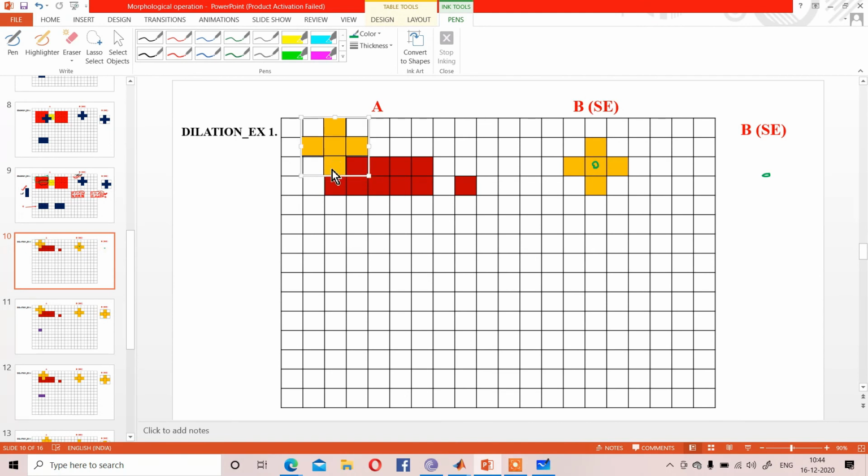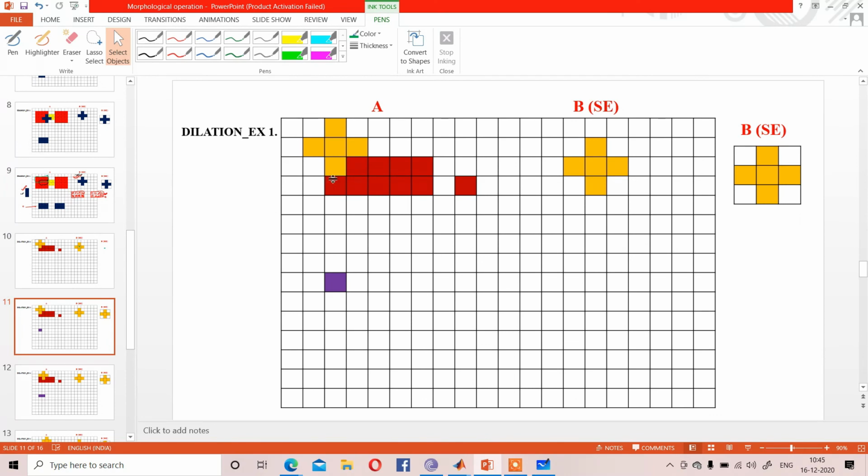Yes, so as it is sharing, the center point of the structuring element will be considered as the dilation result. So you can check it here. For this case, that position is considered as dilation.